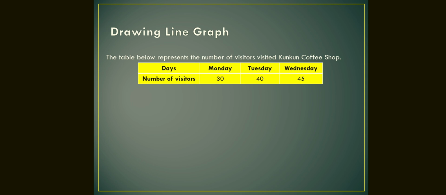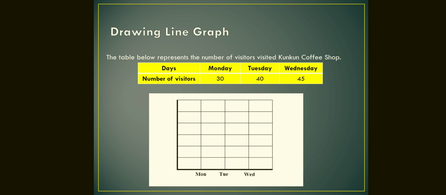As we can see from the table, there were 30 visitors on Monday, 40 visitors on Tuesday, and 45 visitors on Wednesday. The first thing we should draw is the grid, the x-axis and the y-axis, where Monday, Tuesday, and Wednesday will be on the x-axis, the horizontal line.